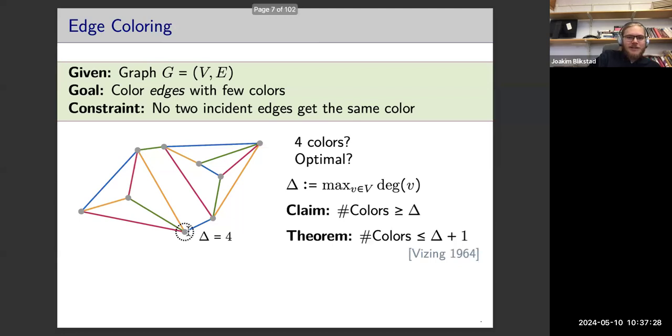But it turns out to be essentially tight. There's this famous theorem by Vizing, which says that any simple graph can be colored with at most delta plus 1 colors. In multigraphs, it might be a bit more, but we'll focus on simple graphs. So the number of colors you need to edge color a graph is either delta or delta plus 1.